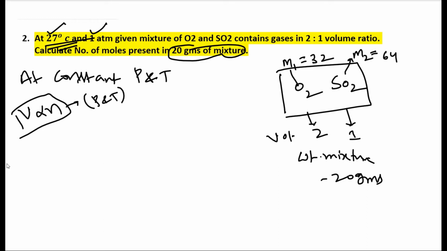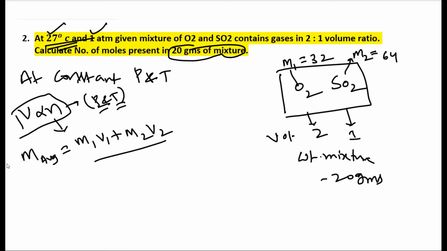The average molecular mass is equal to M1V1 plus M2V2 by V1 plus V2. This is the particular average molecular mass formula which we can apply when pressure and temperature are constant. Hope it is clear.